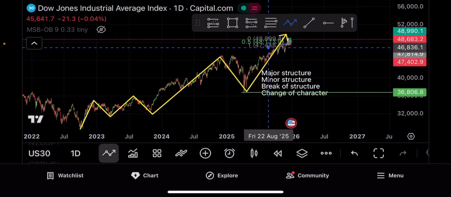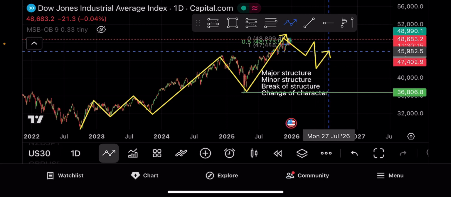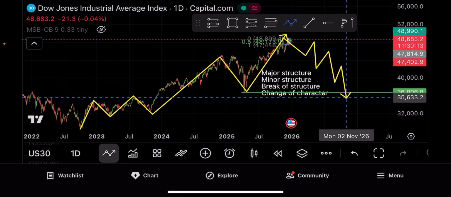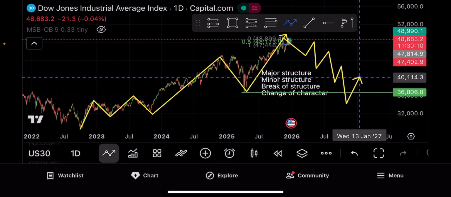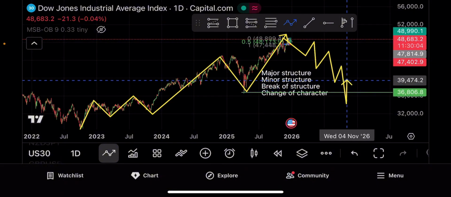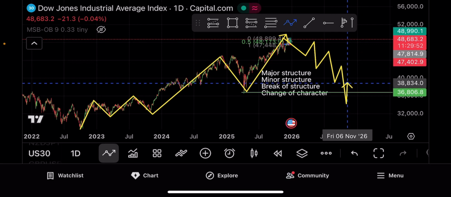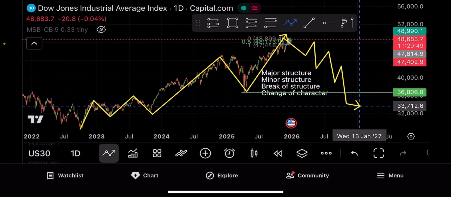Assuming the price comes like this and breaks this, we have a change of character, because it's no more going upward. There is a close below the previous low, so there is no break of structure to the upside anymore. There is now a change of character to the downside.